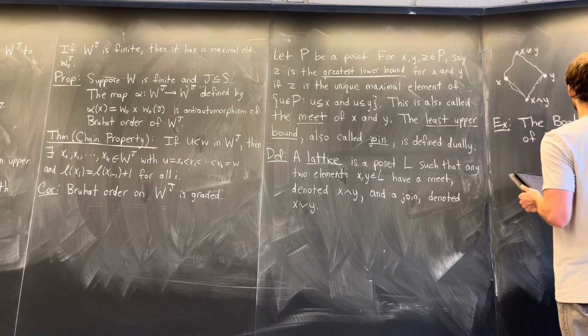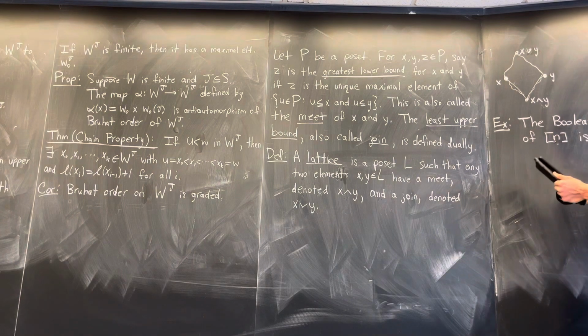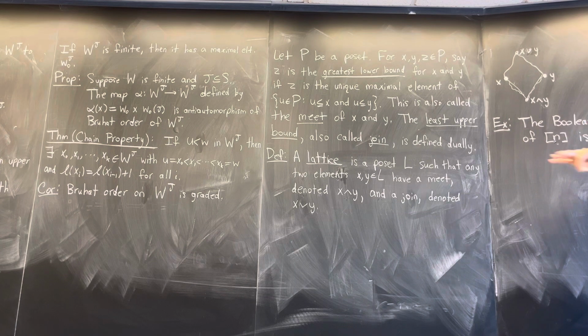This is a lattice. And in this lattice, the elements, remember, are subsets of the numbers from 1 to n. And if you want to take the meet of two subsets, so this is like the biggest thing that is a subset of, say, x and a subset of y, well, that's just the intersection.